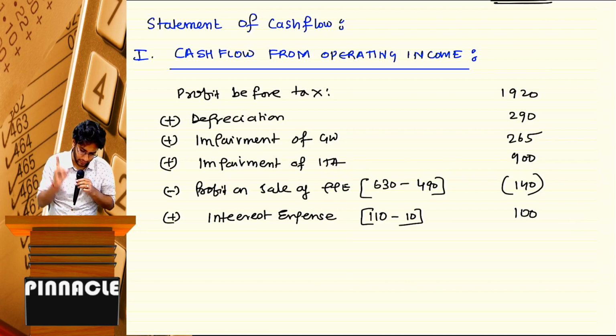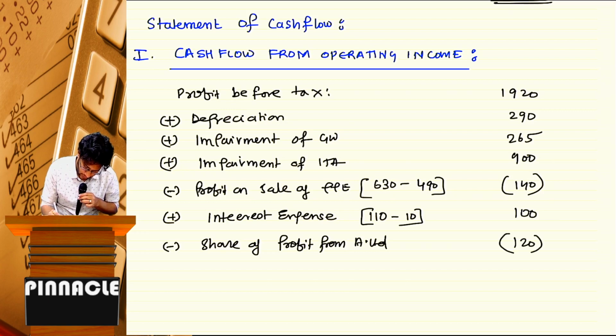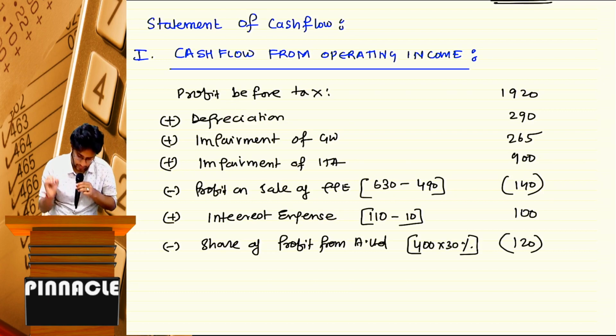Wait. One more. Yes. Share of profit from A Limited, 120. That you can work out and show, or already see from the P&L.